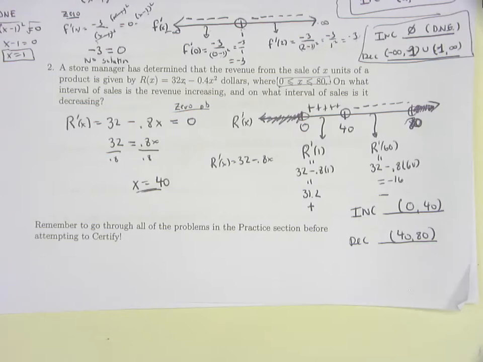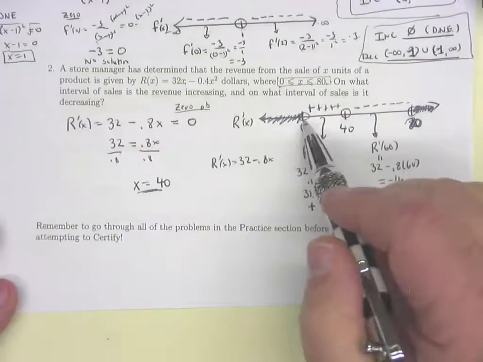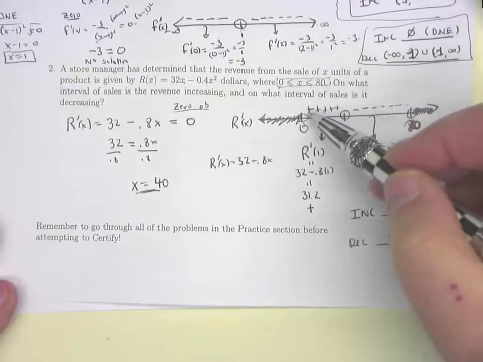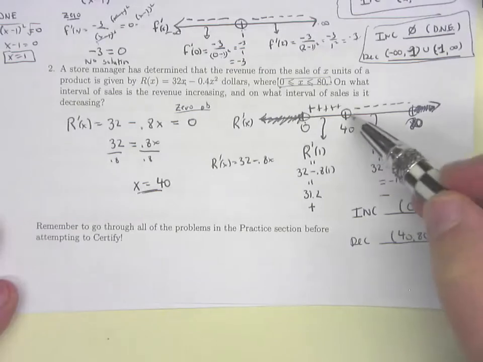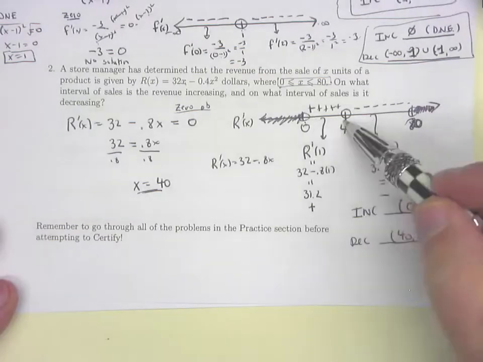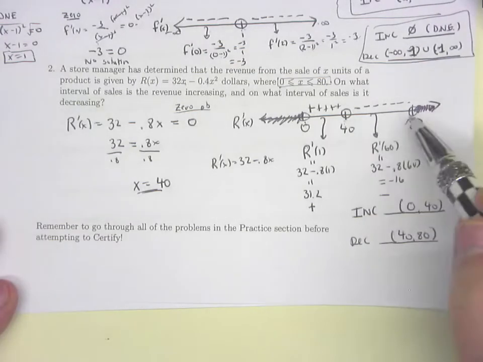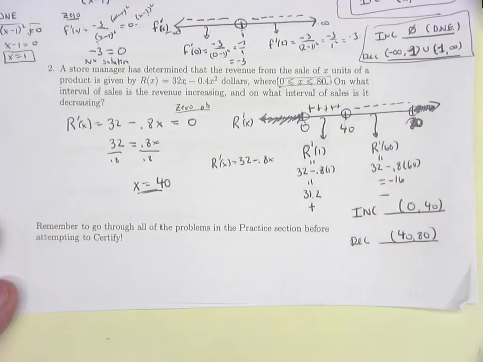Now, let me set up for the next section that I'm going to be talking about. This is also telling me something else. In terms of revenue, let's understand what's going on here. Between 0 and 40, my revenue is going up. Between 40 and 80, my revenue is going down. That's going to make 40 a very special point.